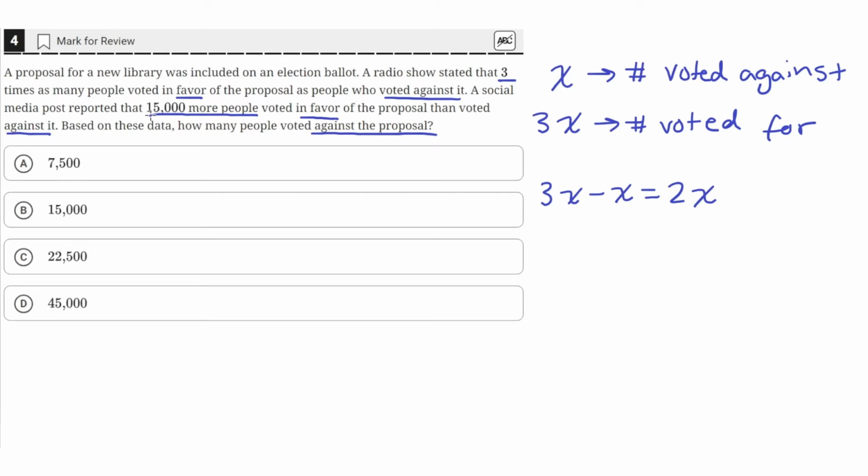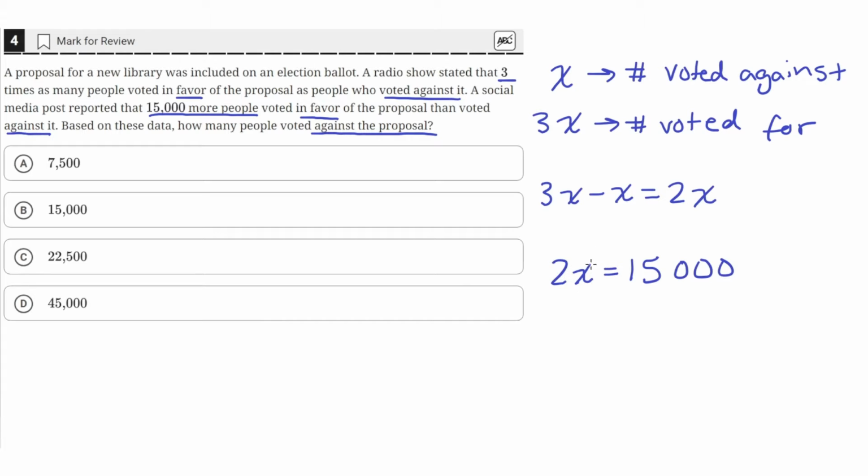And the problem states that the number of people that voted in favor was 15,000 more than those who voted against. So 2x has to equal 15,000. Since subtracting those who voted against from those who voted for tells us how much more those who voted for the proposal were than those who voted against.